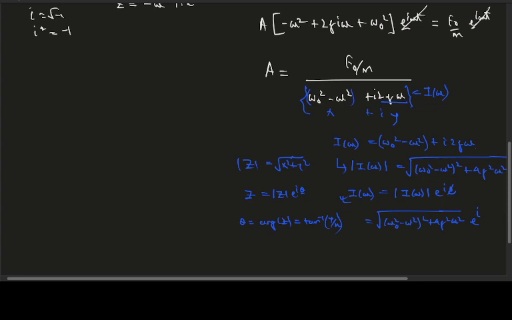So here in this case, this phi over here will be tan inverse, our y is 2 gamma omega, and you have the x as omega naught square minus omega square.